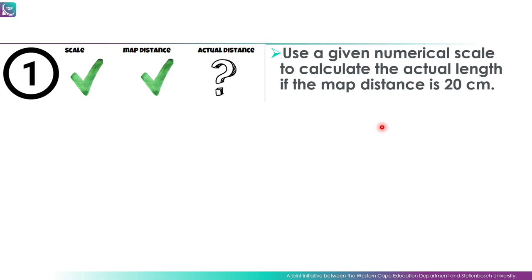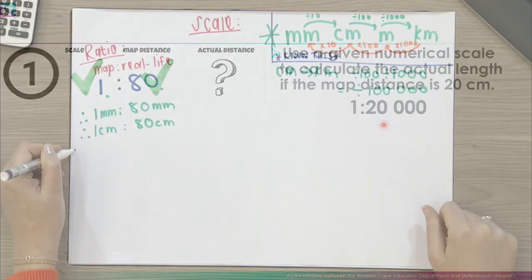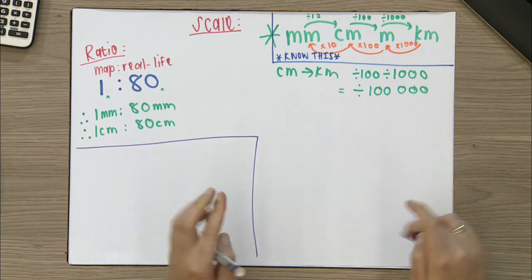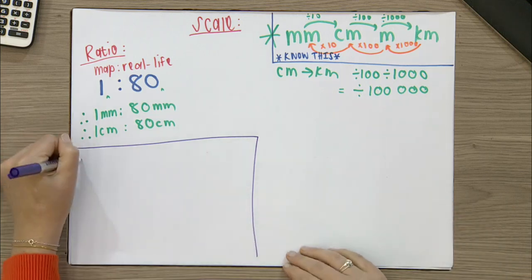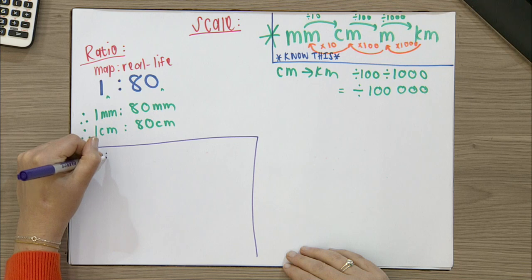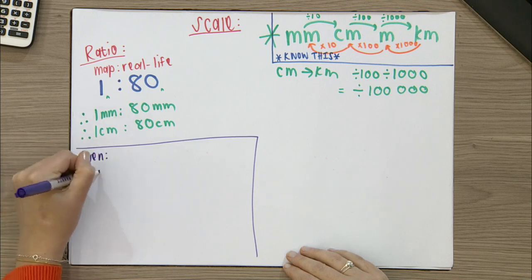So, the question is saying, use the given numerical scale to calculate the actual length if the map distance is 20 centimeters. And then they give us the ratio, 1:20,000. So, when we start attempting a question like this, we need to make sure that we work with what is given, and we need to work with what they are asking us.